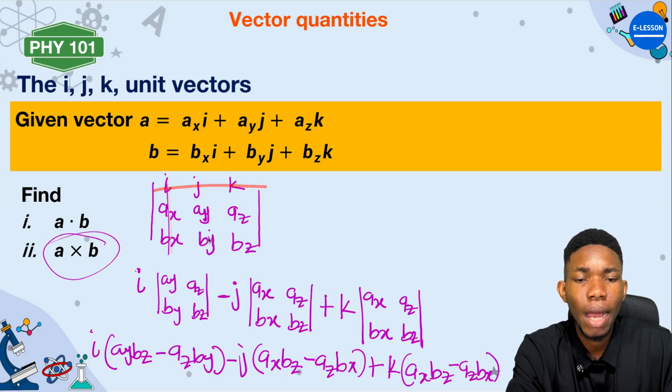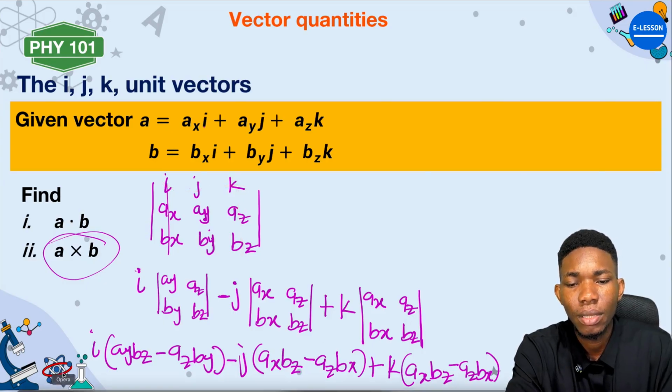So you are left with AY, BY, AZ, BZ. Then write minus. Remember to always indicate minus for this one. For J, cancel J and cancel what you have on top. So you have AX, BX, AZ, BZ. For K is positive. So this one will give us AX, BX, AY, BY.